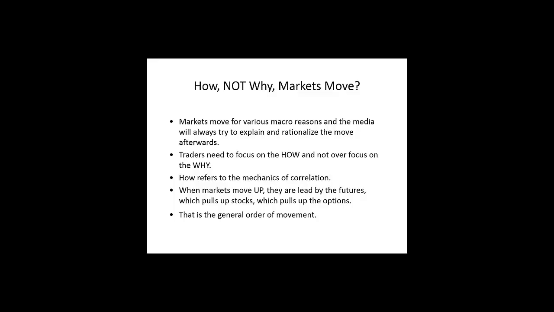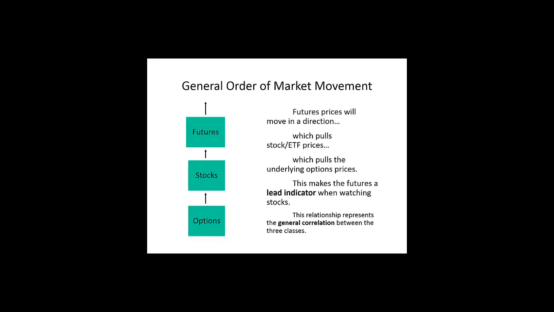So based on what I've just gone over, there's three main categories of instruments: futures, stocks, and options. And the general order of market movement is futures go up, stocks are going to follow, stocks, ETF prices are going to follow, and that's going to pull up the options prices.